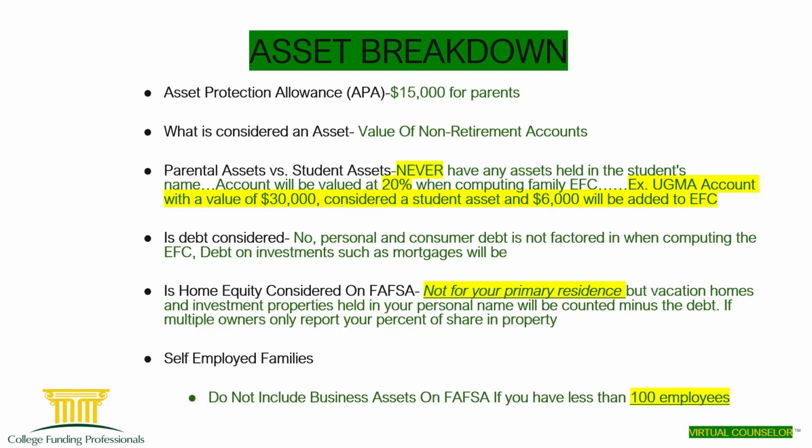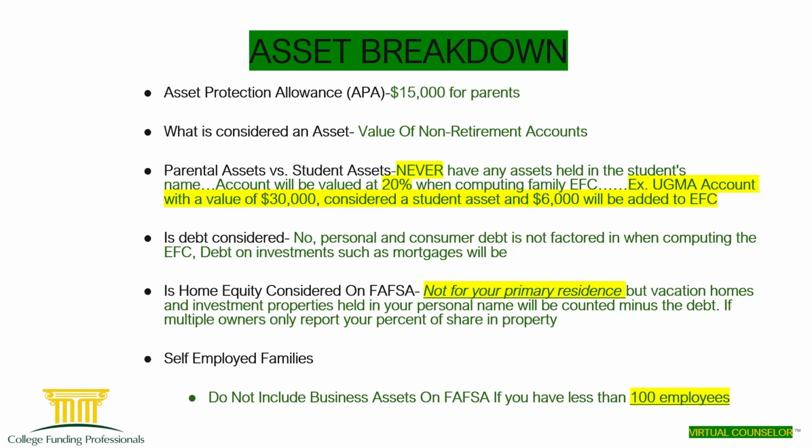Okay, and I'll expand on this in a couple of minutes, but here's just showing you again why the rule of thumb: never have any income in the student's name above the income allowance amount, and really never have any assets at all in the student's name. Now, some people say, Mike, I started a custodial savings account for my son or daughter years ago. As long as your name's attached to it as a parent, your Social Security's on that account, that's fine. That's not going to be viewed as a student asset. Okay?